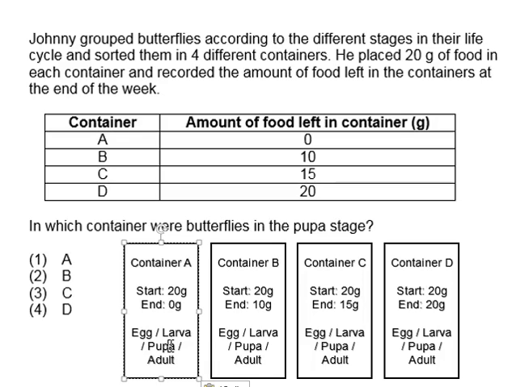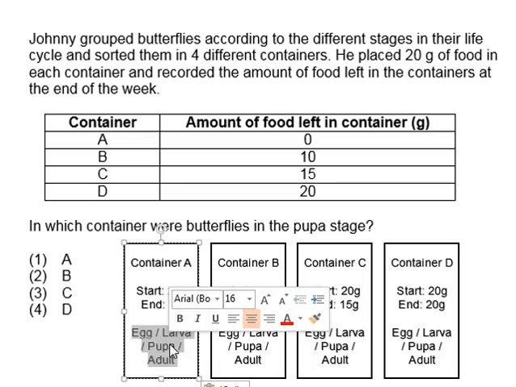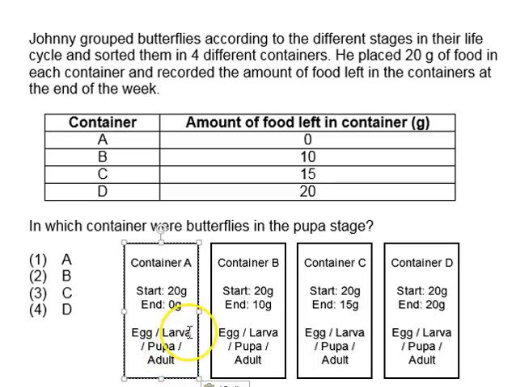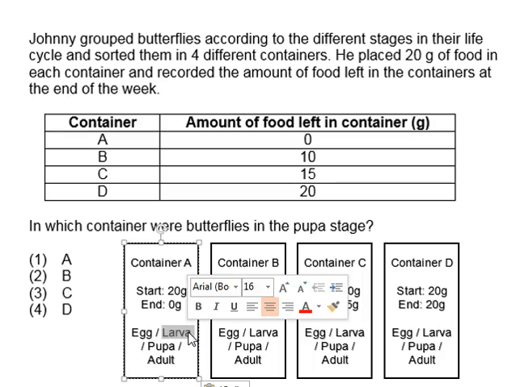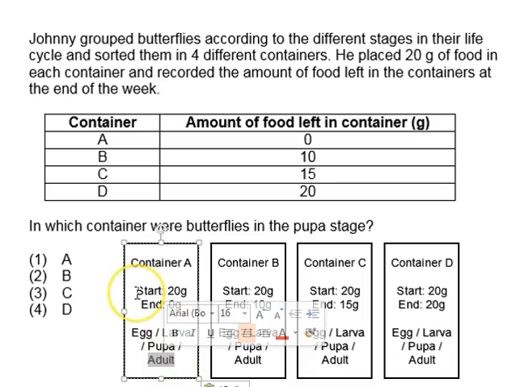So that means we can't really tell, okay, for container A which stage it was. What we know is that in one of those 7 days, or more than one of those 7 days, there was a larva inside that ate up all the leaves, or there was an adult inside that ate up the nectar. Because again, the food that was given here was not clearly stated.